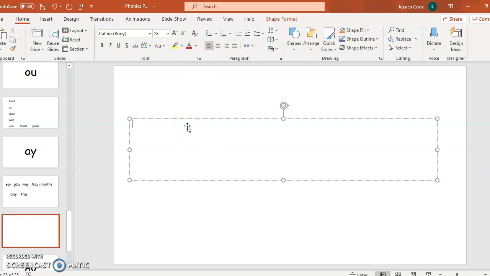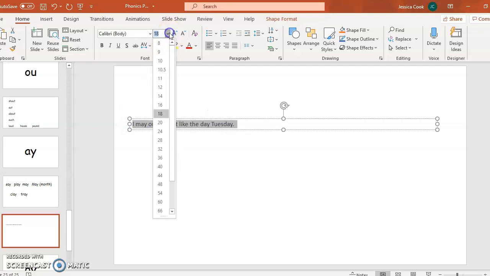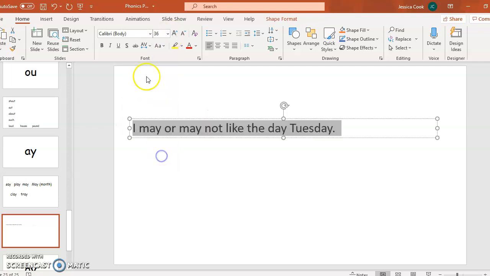Let's think of a sentence to write with the word may in it. I may or may not like the day Tuesday. Okay. I may or may not like the day Tuesday.